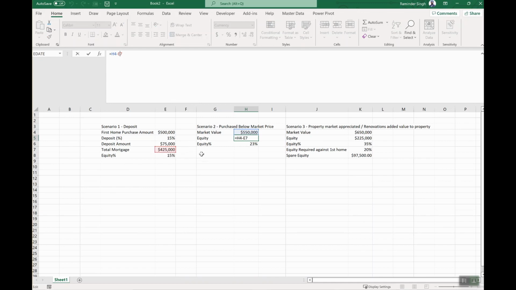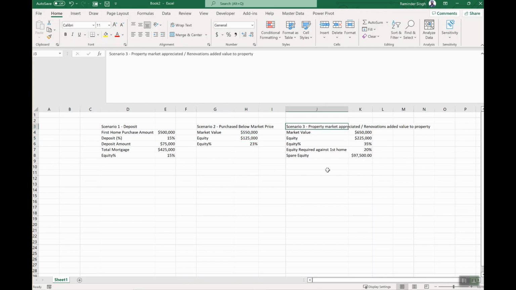In this case, my mortgage will be $425,000, but because I bought under market price, I straight away got an extra equity of 8%, and my equity amount goes up from $75,000 to $125,000. So I got another 50 grand as additional equity just because I managed to purchase below market price.